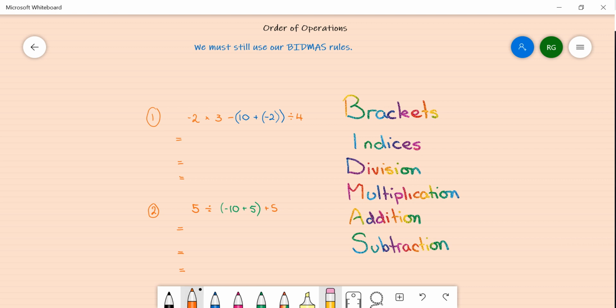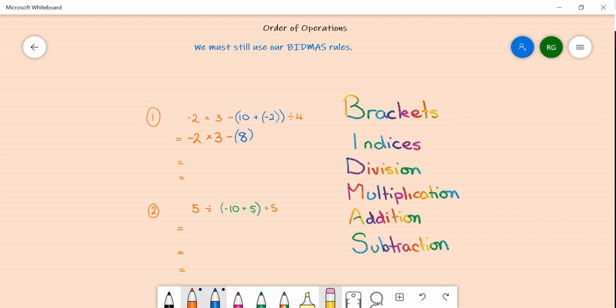The way we work these out is I would like you to rewrite the question and just do little parts at a time. Because the first bit that we're going to do is the stuff inside the brackets, let's do that. So 10 plus a -2 is an 8.